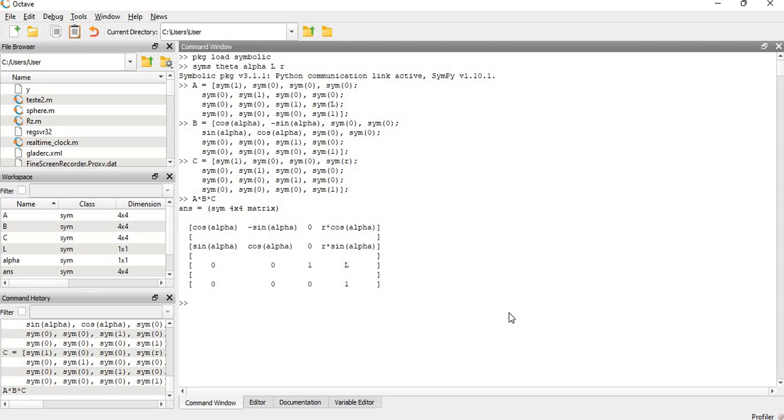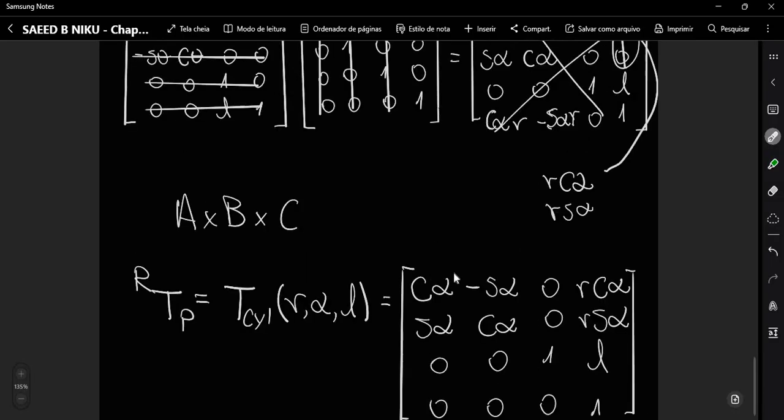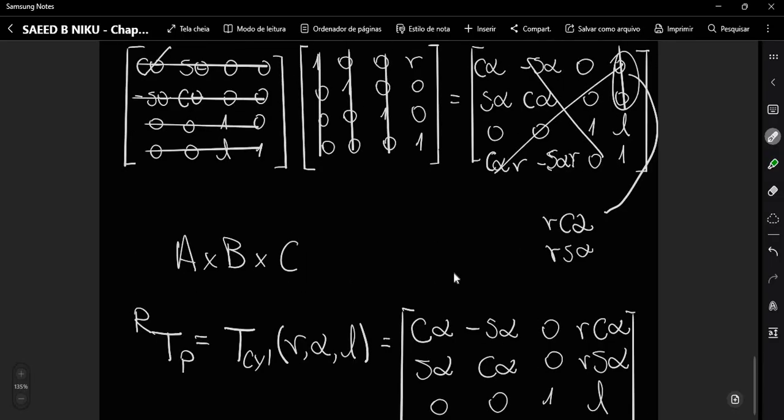And if I'm not wrong, I said that I was dividing the video about Cartesian coordinates into two parts, and that is the second part using Octave.